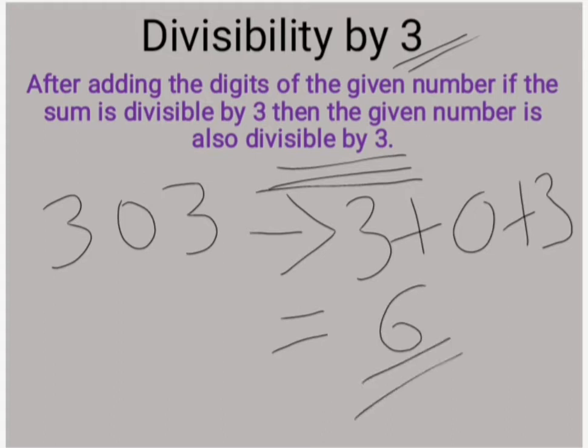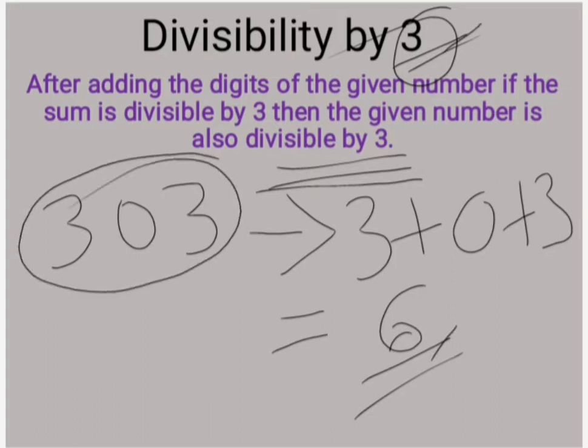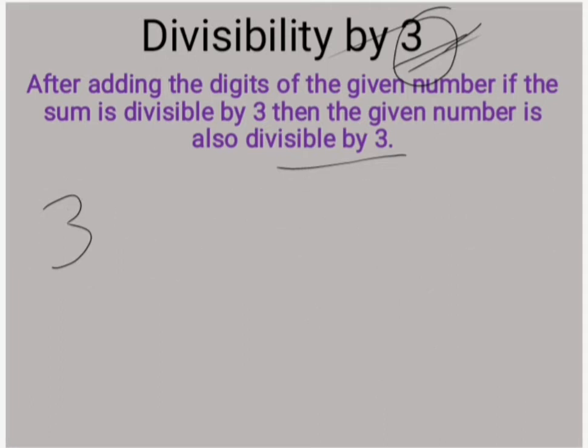This 6 is divisible by 3. This is a multiple of 3, isn't it? So if you get a sum which is a multiple of 3, or divisible by 3, then you consider that the given number is also divisible by 3. So that is the divisibility concept of 3.